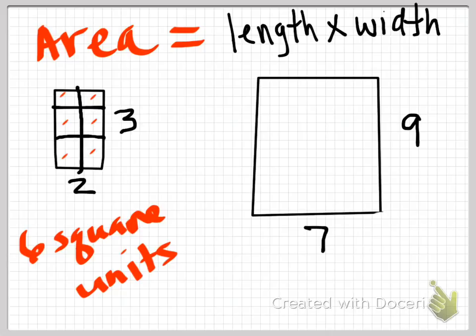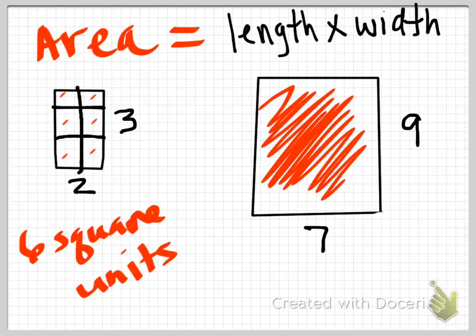Well, instead of drawing these rectangles, because you're not always going to get lengths and widths that are 3 and 2 and really small, the faster way to do it is by multiplying. So for this next one over here, instead of drawing those lines and then counting the squares, I'm just going to do 9 times 7.